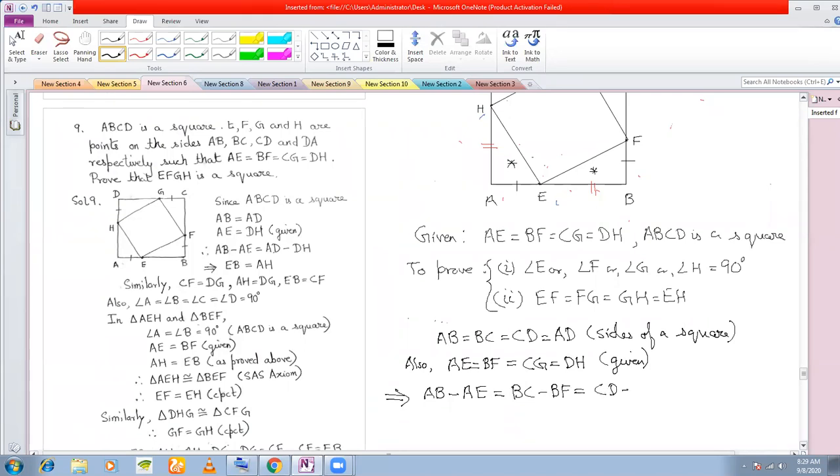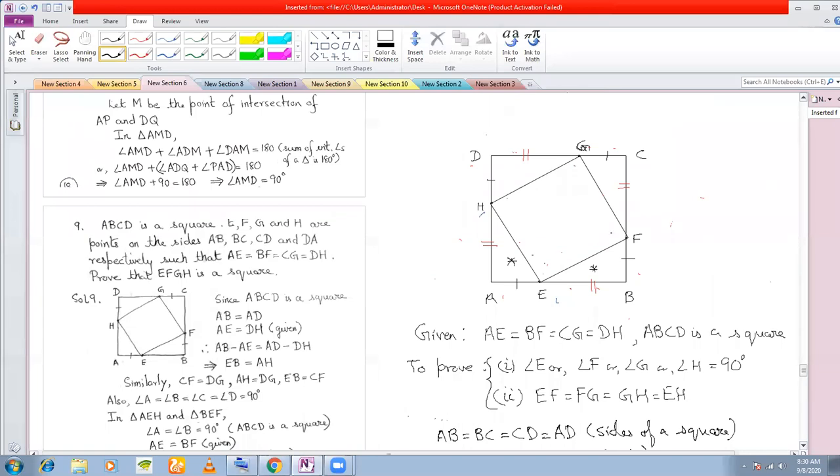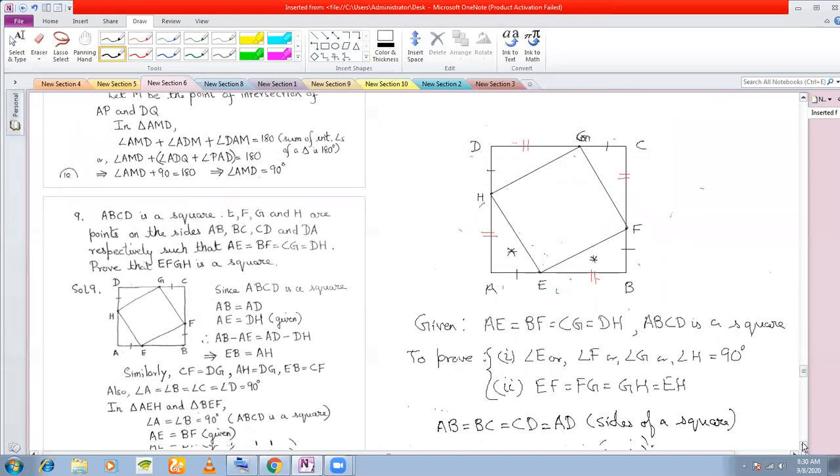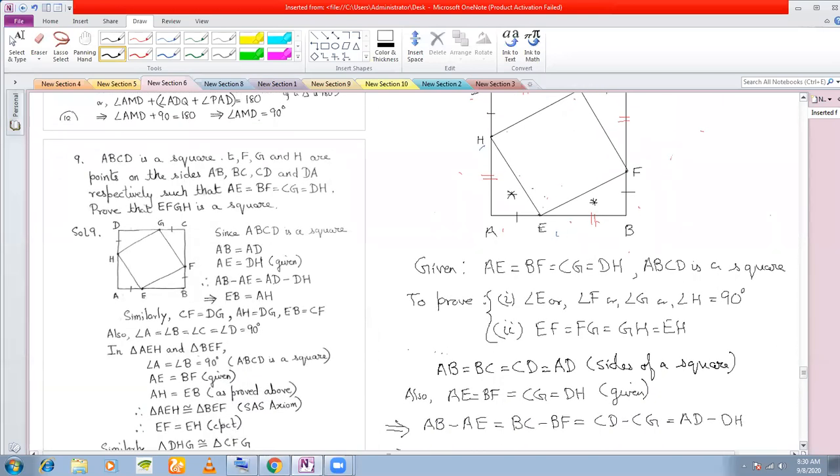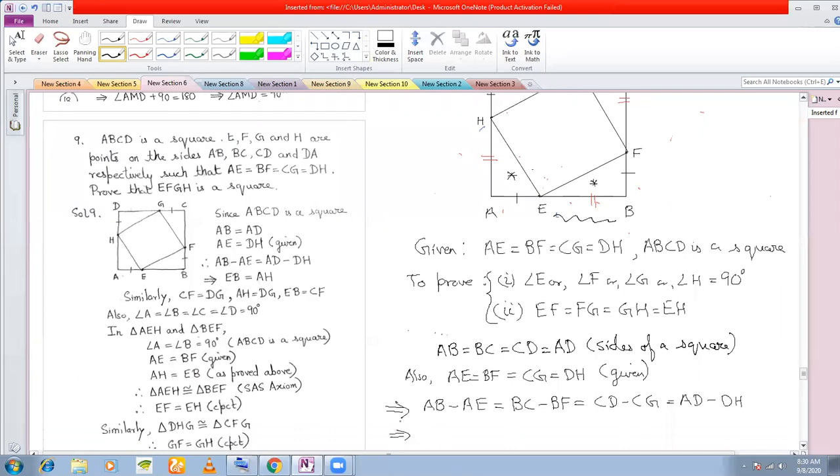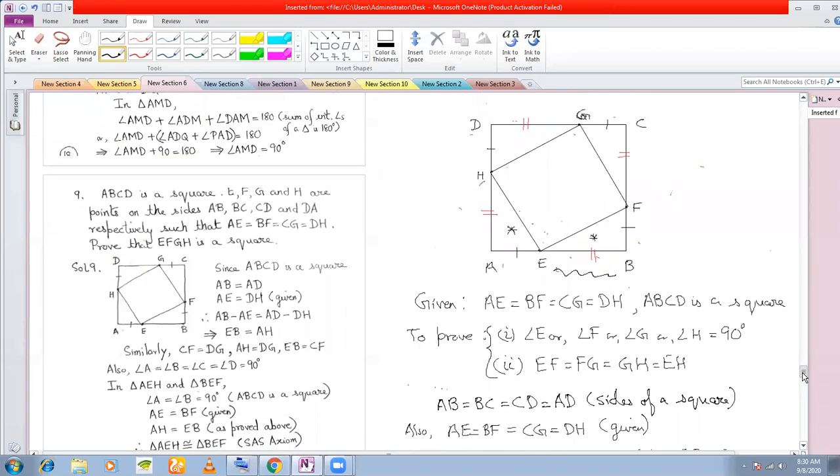CD minus CG is equal to AD minus DH. And what are these? These are all these red marked sides. So the sides that I have marked in red. See, AB minus AE is what? This side. Okay, similarly, all the other red marked sides. So this is EB. AB minus AE is EB. BC minus BF is CF.